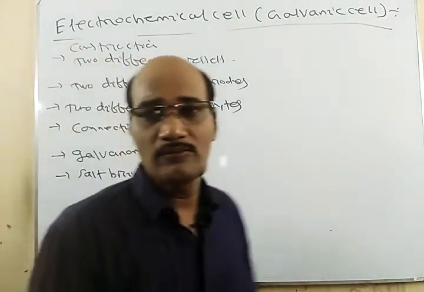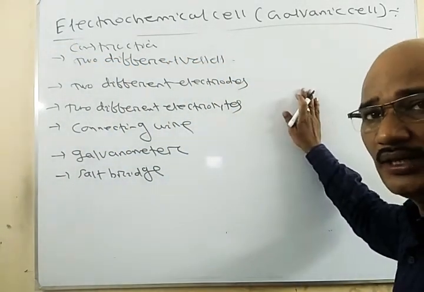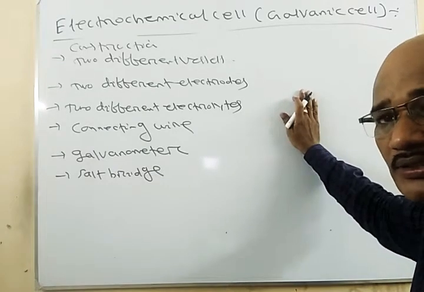So these are the apparatus which are required for the galvanic cell or the electrochemical cell.